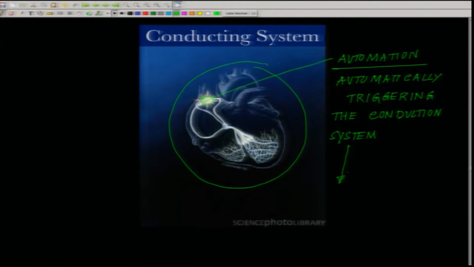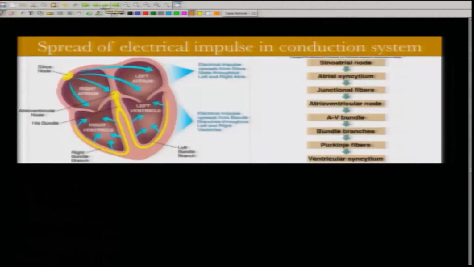Okay. And the impulse travels like this, likewise, and these impulses are eventually, I will just change the color for your understanding, spread like this at different points. Now, this is how the spread of electrical impulse in the conduction system happens from the sinoatrial node.